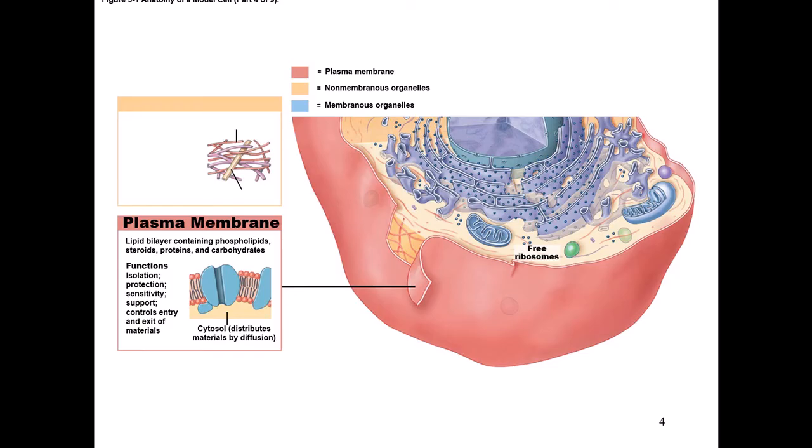Now, embedded in this sea of phospholipids are these big blue structures right here. These are proteins. They remind me of icebergs just floating in the sea. That's the way this is here. The proteins have different functions. For instance, this one protein has a little tunnel going through it. This is what we call a channel protein.